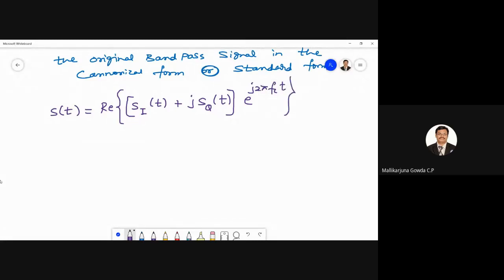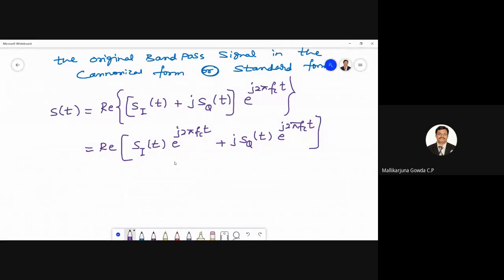Now just expand this. It is equal to the real part of s_I of t e power j 2 pi fct plus j s_Q of t into e power j 2 pi fct. Is this fine?